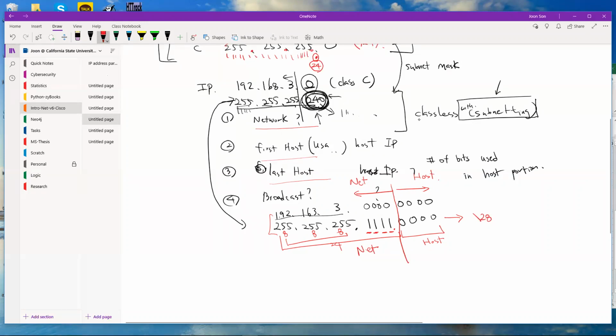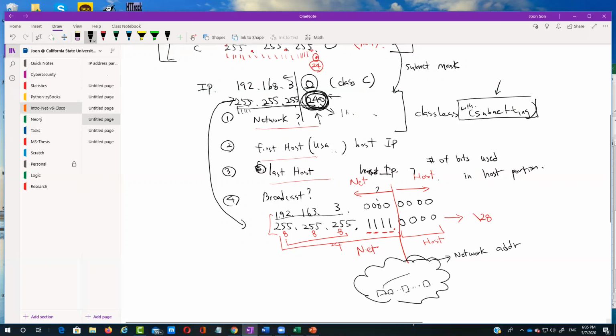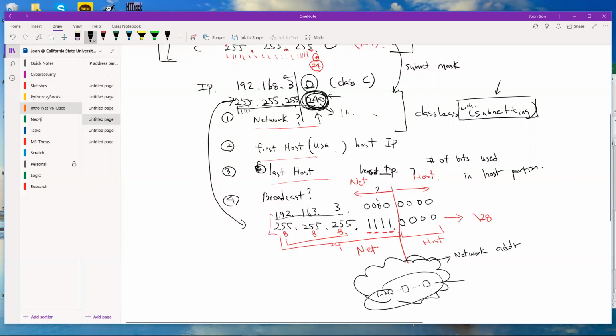For example, we know that this is a local area network, right? We're going to use a network address for this LAN, and we're going to have many hosts. So how many usable host IP addresses are available when I give you this IP address and this subnet mask?